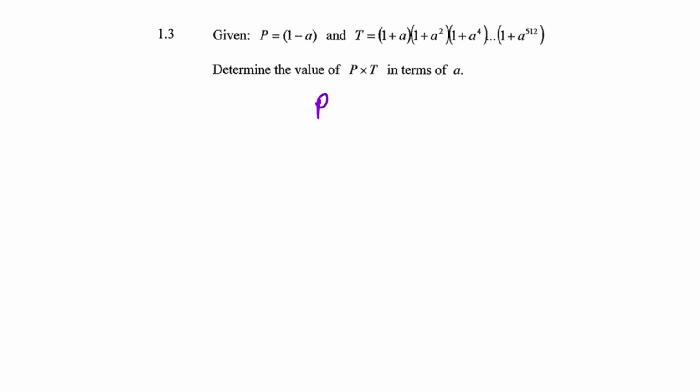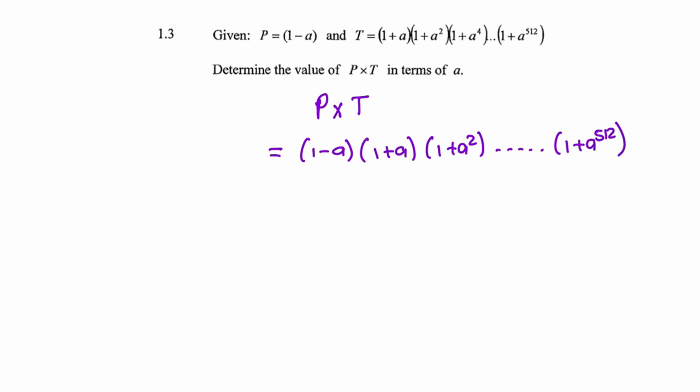We'll have P times T, and that is equal to 1 minus A times 1 plus A, 1 plus A squared, and that continues all the way to 1 plus A to the power of 512.